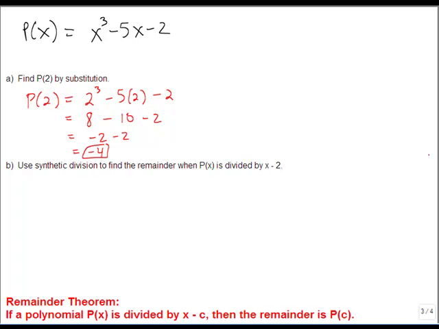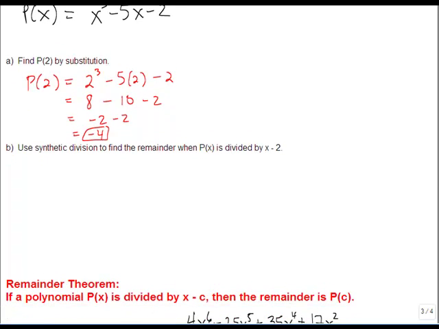Now let's try another question that might seem somewhat unrelated. Let's use synthetic division to find the remainder when p of x is divided by x minus 2. So since our polynomial is x cubed minus 5x minus 2, notice there's no x squared term, so we need to hold a spot for it by using a coefficient of 0.